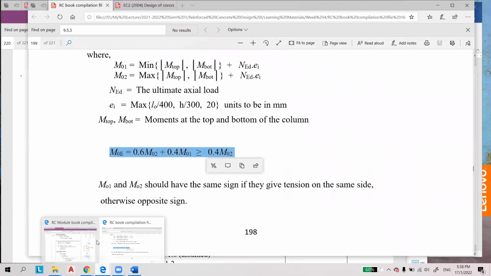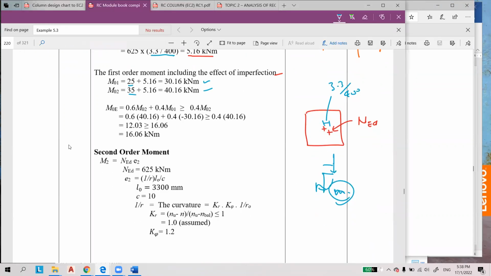It must be greater than 0.4 M02, but the values are 12.03 and 16.06. If the value here is 20-something, you use the maximum, the larger one. Here the larger one is 16.06.